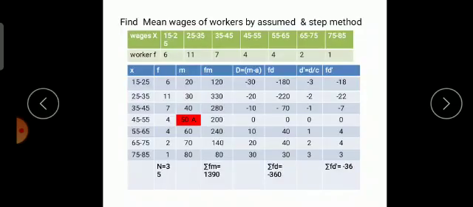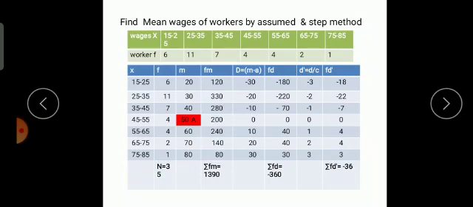So here 15 plus 25 divided by 2 will give you 20. Similarly 25 plus 35 divided by 2 will give you 30. And so on, you get 40, 50, 60, 70 and 80 as the midpoints.